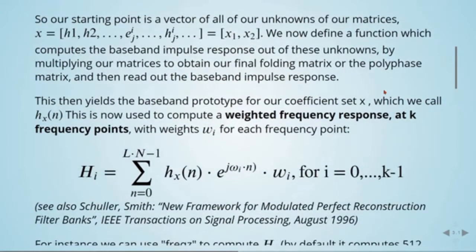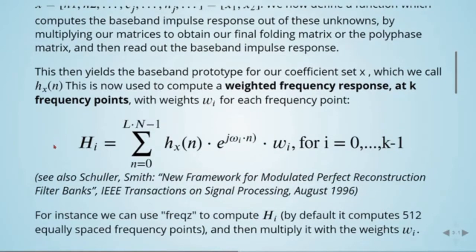This yields the baseband prototype for our coefficient set x, which we call hx of n, and it is used to compute a weighted frequency response at K frequency points with weights w of i for each frequency point. This is given here, and you can see more in the paper from the IEEE Transactions on Signal Processing, New Framework for Modulated Perfect Reconstruction Filter Banks, by Professor Schuller and Smith.